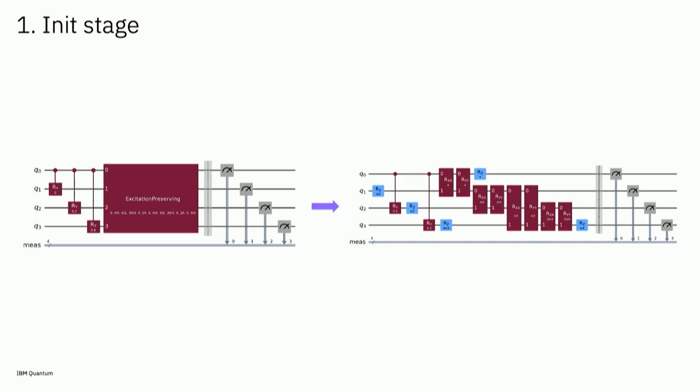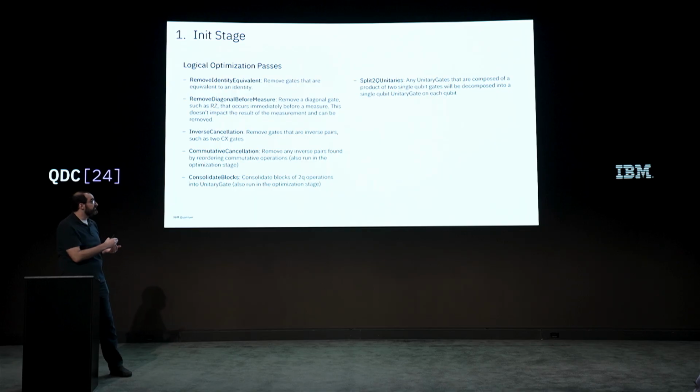But the other thing that's a little bit harder to see is that some of the gates have been removed from that definition of the excitation preserving block. Some people who are familiar with it might be able to see what's missing. But the most obvious one is that RY of 0 is removed. And that's because one of the optimization passes realized that it doesn't have any effect on the circuit, and we can just remove it. And so to look at the logical optimization passes we run in the init stage, I'll go through some of them.